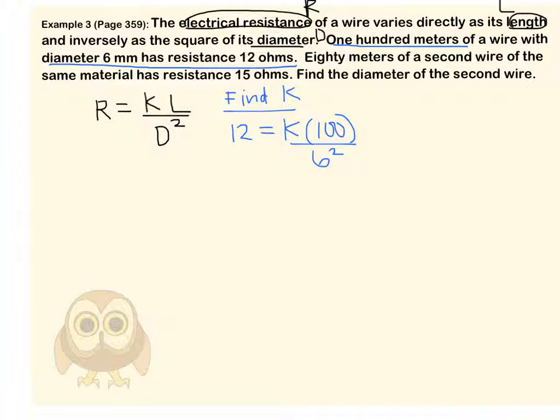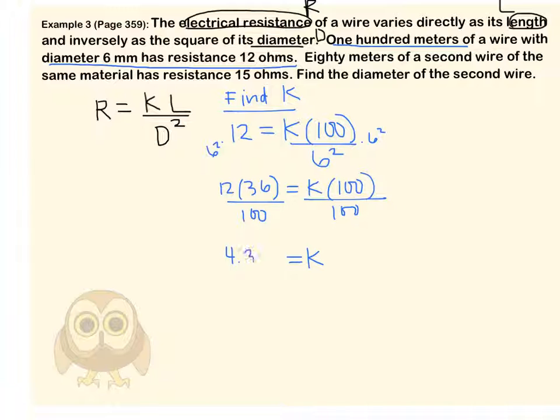Now we can solve for k. First thing, I'll multiply by 6 squared on both sides, which we know is 36. So we have 12 times 36 equals k times 100. Then dividing by 100 on both sides, we're going to end up with a decimal here, so we're just going to leave it like that. 4.32 is our k.